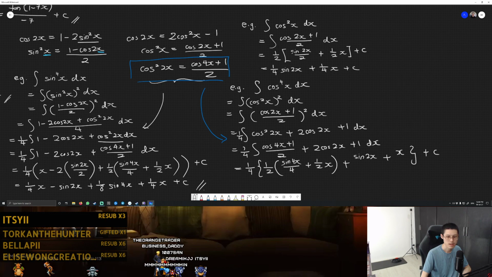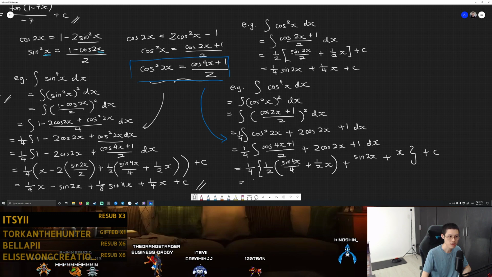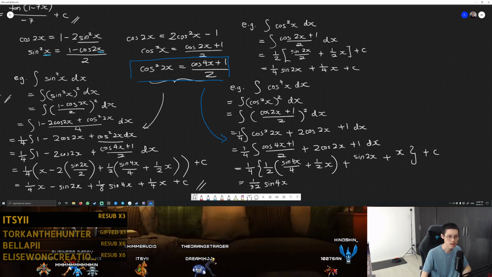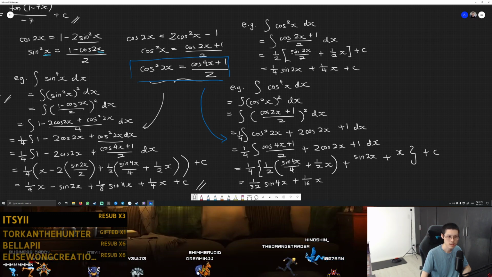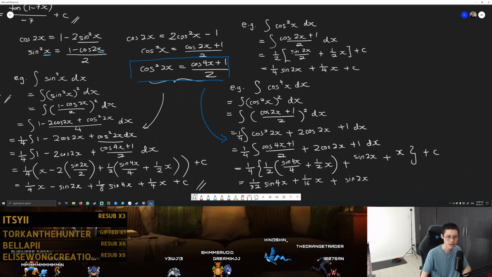And then plus c. There we go. So expanding this, we get 1 over 32 sine 4x, and then 1 over 16 x plus sine 2x plus x plus c. And done.